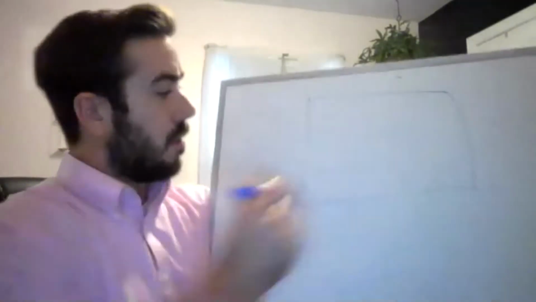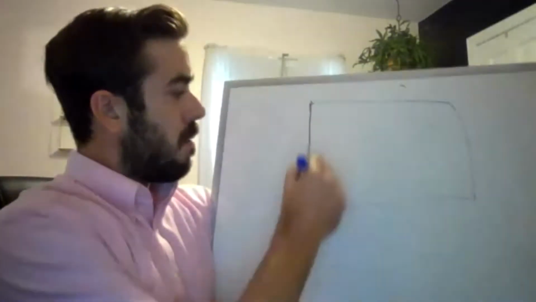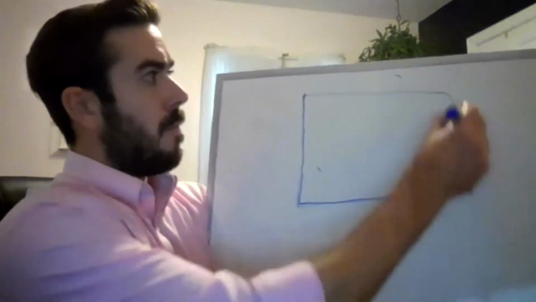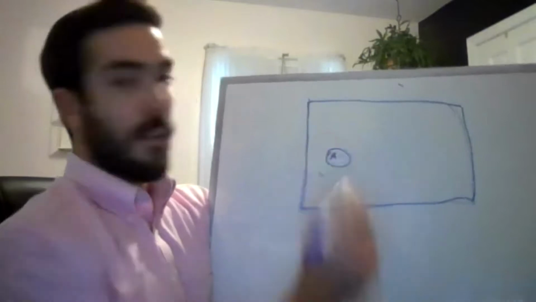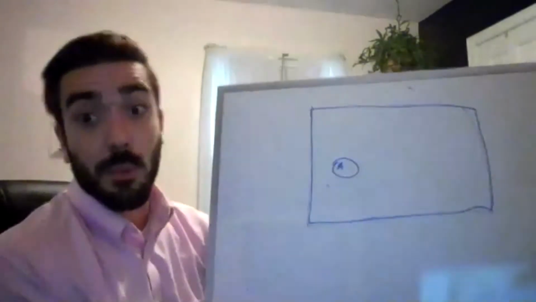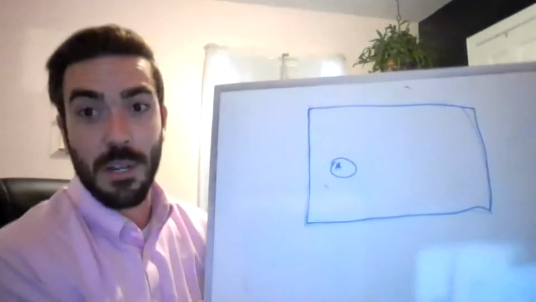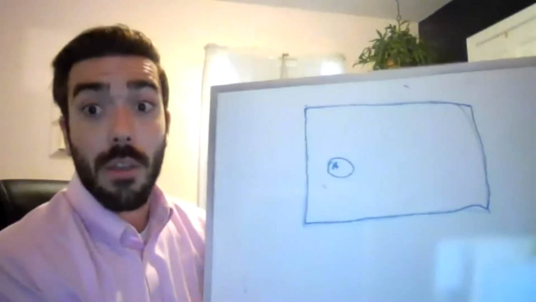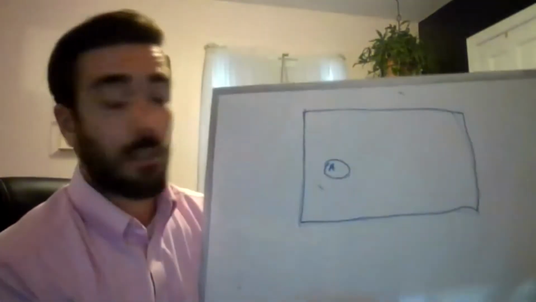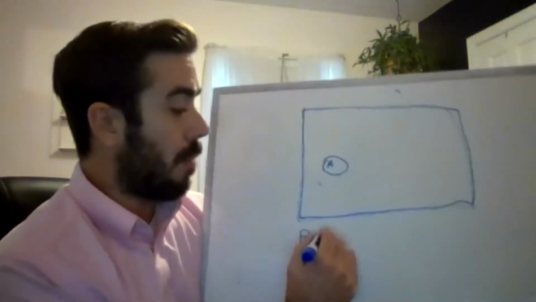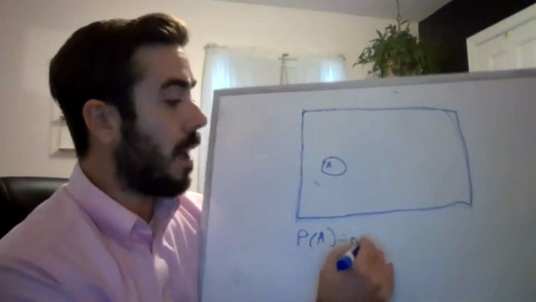I'll go the opposite way, I'll go small. So let's say this is the event A. The probability is pretty small there. I don't even have to put a number to it, but you can see it'd be very, very small. Maybe like 0.05, to be generous. So let's assume the probability of A occurring is 0.05.